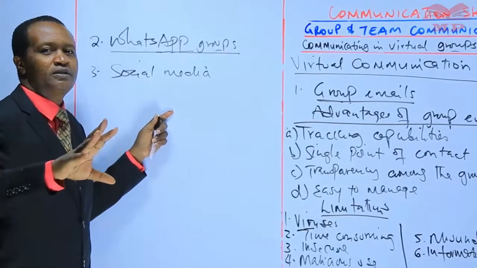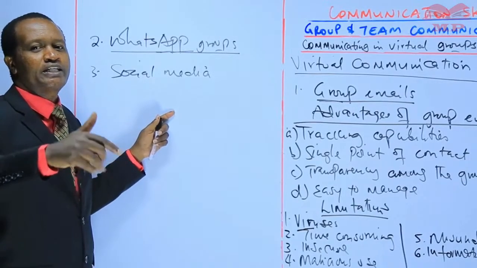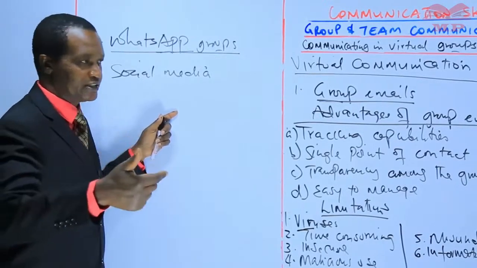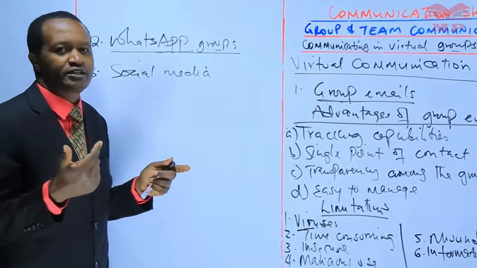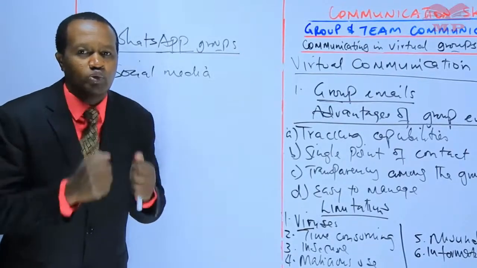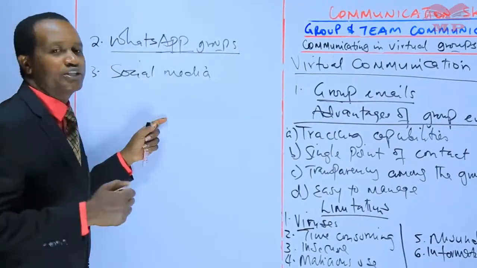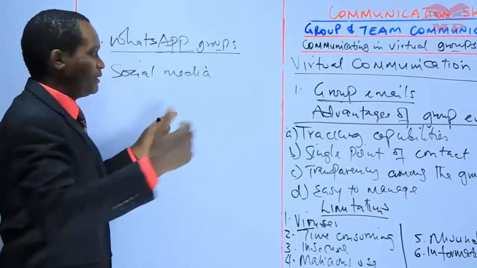All right? So social media typically features user-generated content and personalized profiles. And candidly, social media is any digital tool that allows users to quickly create and share content with the public.